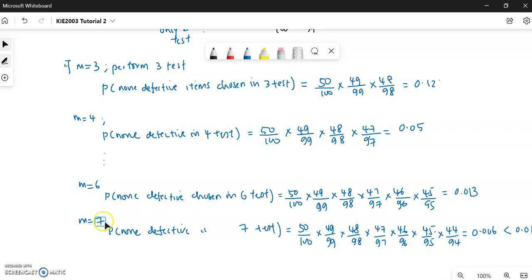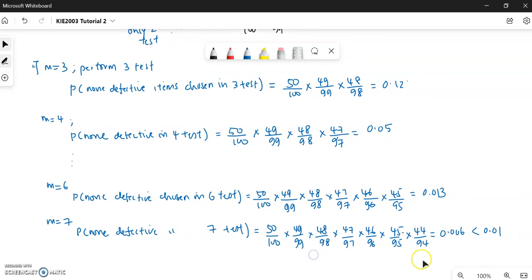So we do one more, non-defective in 7 tests. For 7 tests, we found that the value is 0.006, which is indeed less than 0.01. So the number of tests that we need to perform is 7 tests. If we perform 7 tests, it's less than 0.01.